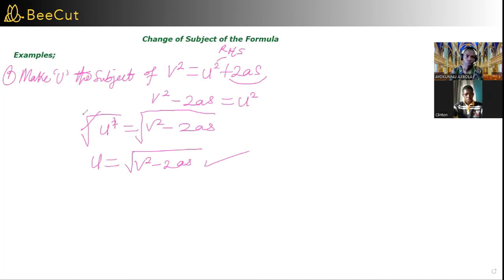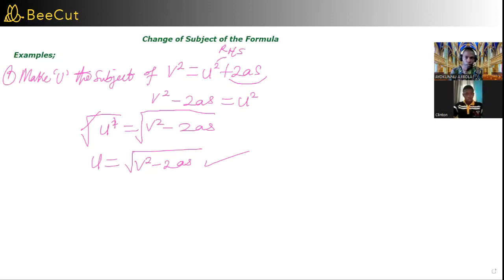So let's clear the screen as we move to the second question. The second question says: make h the subject of the formula in p equals square root of 2qh over 100.